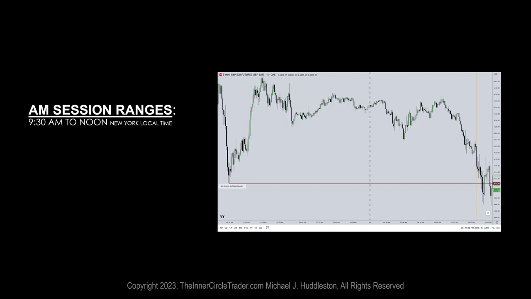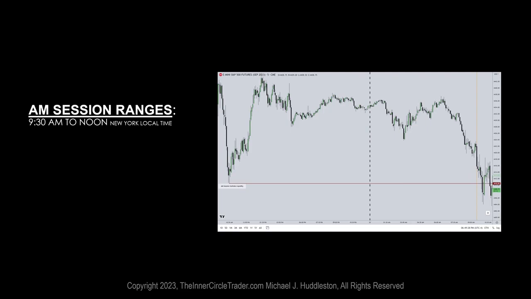If we have an elongated market where, say, the New York morning session of the current trading day is consolidation, and then during the lunch hour, it's consolidation as well, we can refer to, and if we're bearish, we look at the previous session's trading.